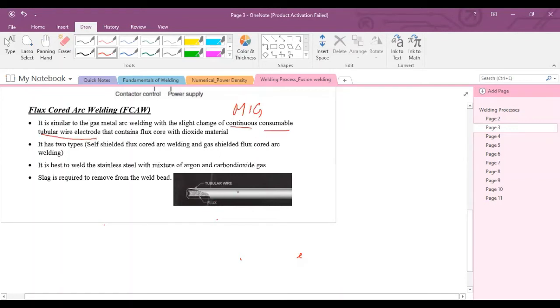What does it mean? A tube-like wire is used, and inside this wire there is a flux coating.